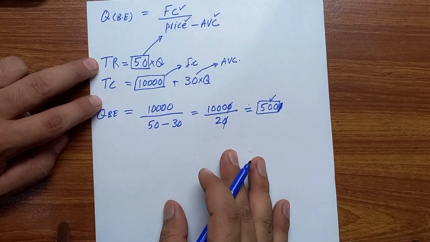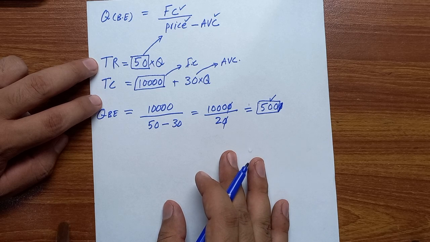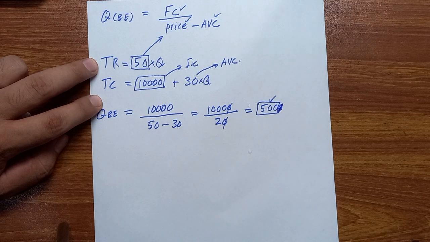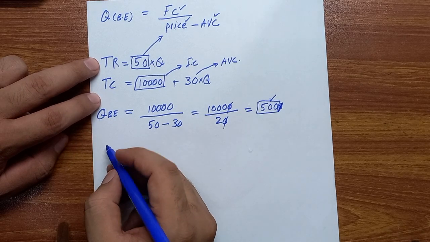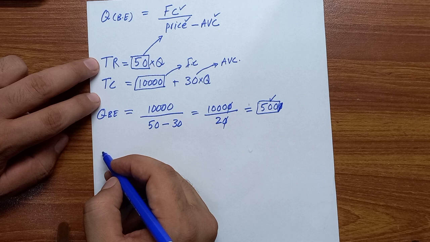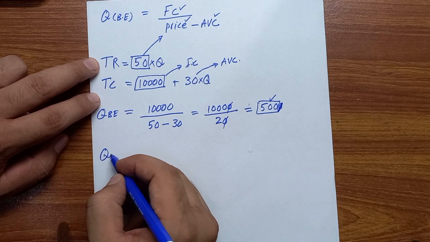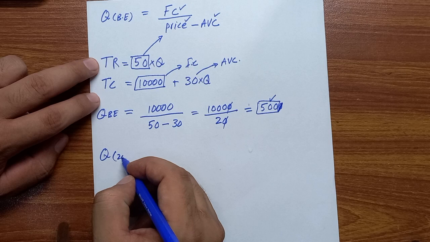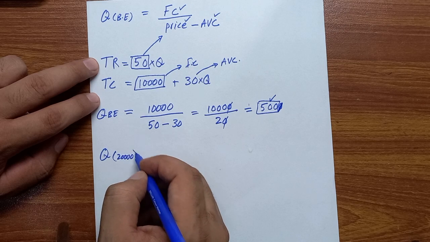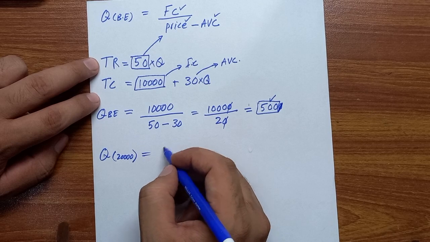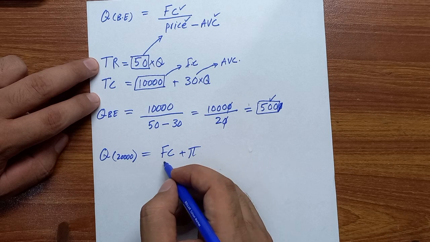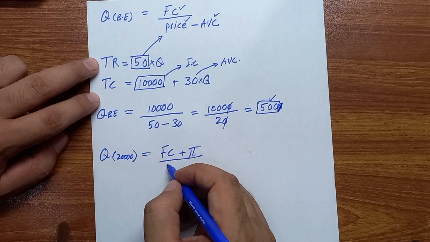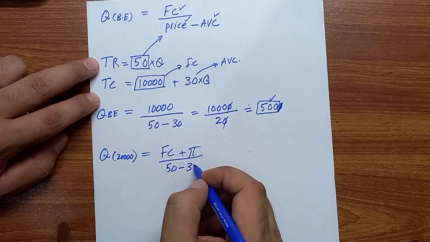In the next part, they ask to determine the output rate necessary to earn a profit of 20,000. So the quantity is equal to fixed cost plus profit, divided by 50 minus 30.